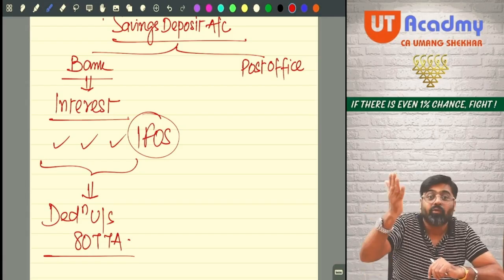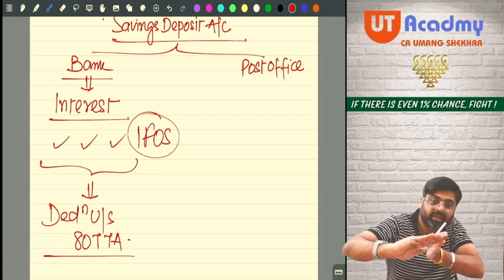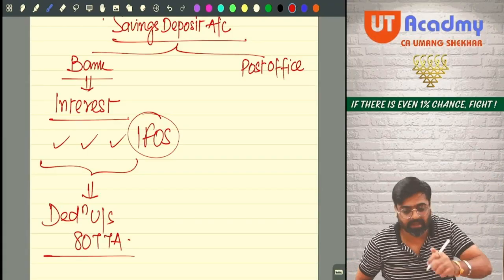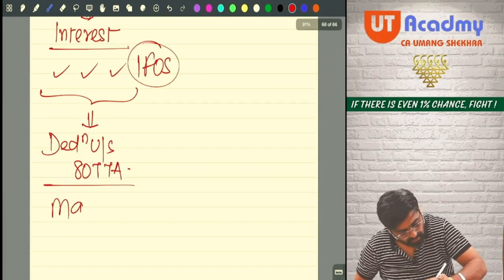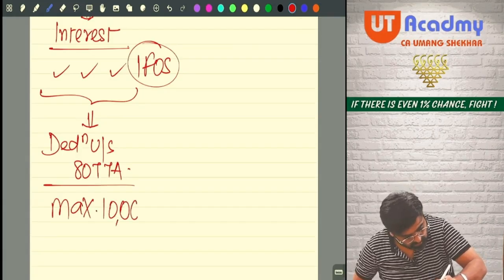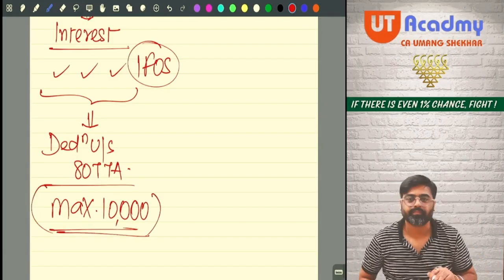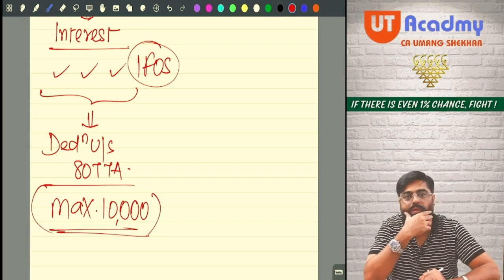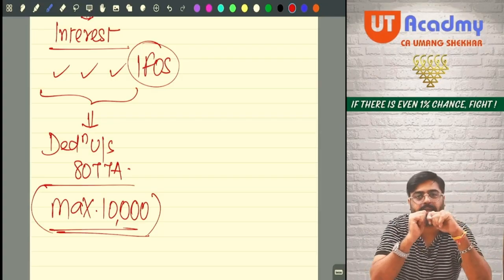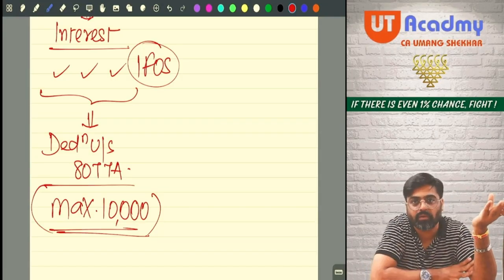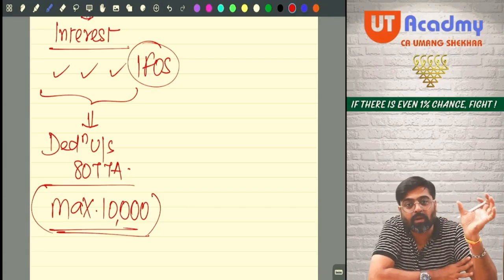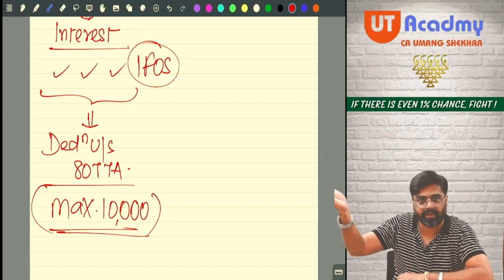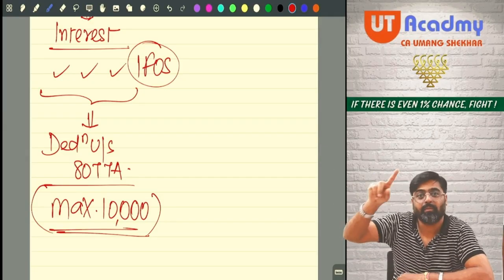Then from your GTI, this income will be allowed as a deduction under 80TTA to the extent of maximum 10,000 rupees. So how much interest you are earning? 12,000, no? So in the computation of your GTI, how much will you show? 12,000. So in your GTI, how much interest is included? 12,000. That interest will be allowed as a deduction under 80TTA, but not entirely because the limit is 10,000.